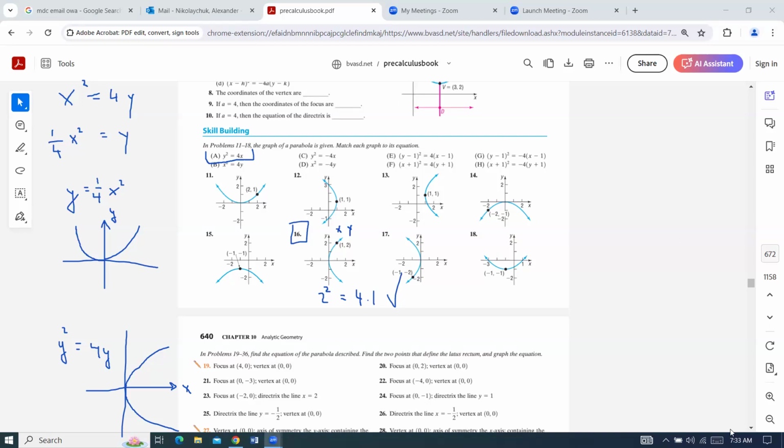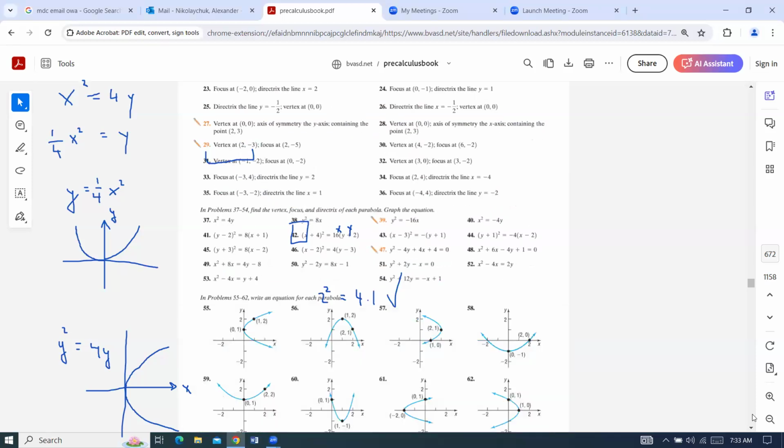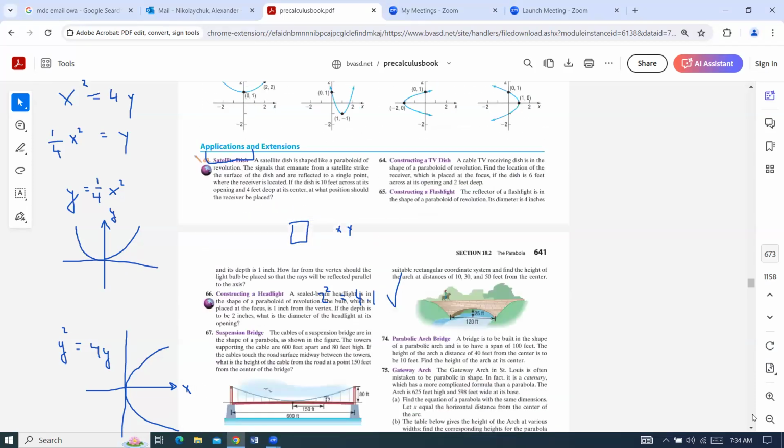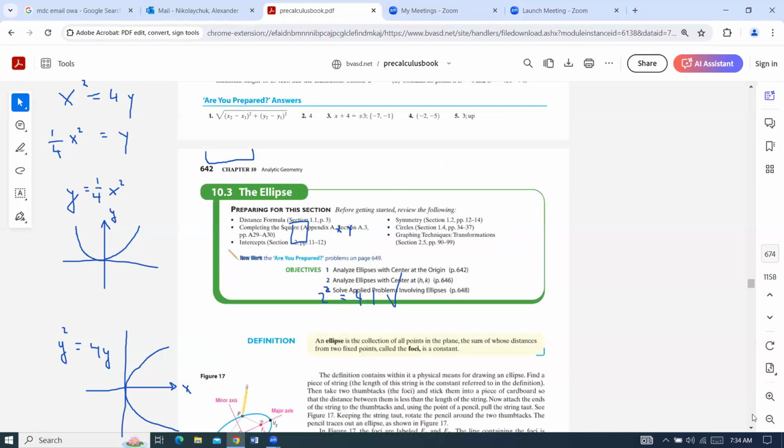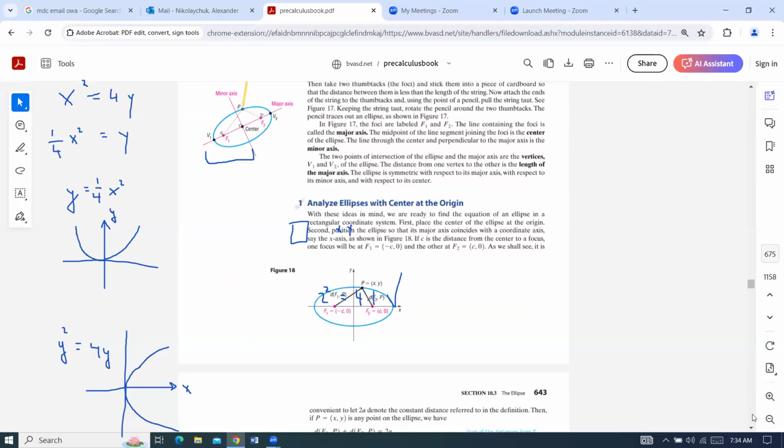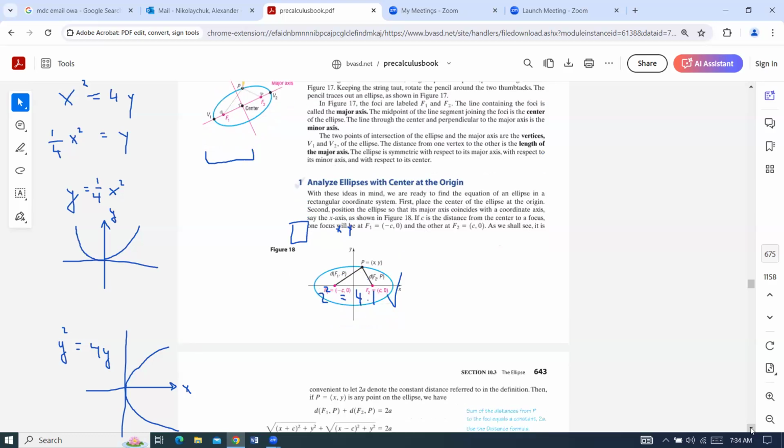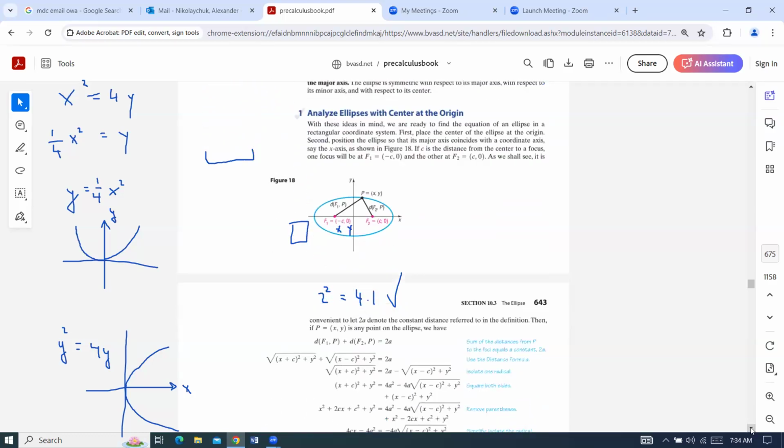So we worked with parabolas, and that was a refresher of what you learned before. And if not, that's fine. We can just do another problem or so from this section.